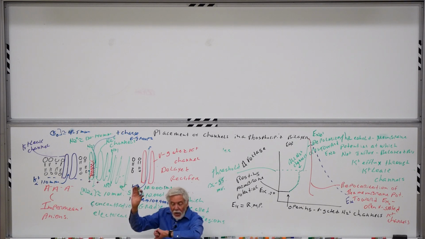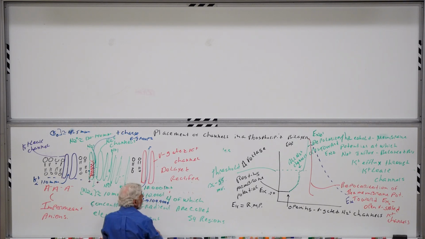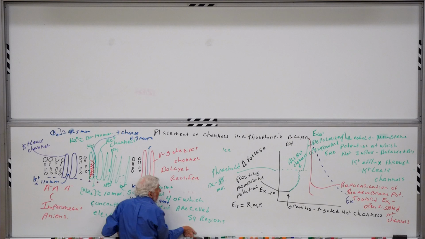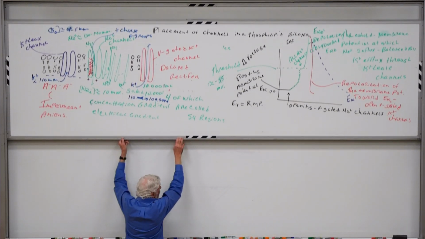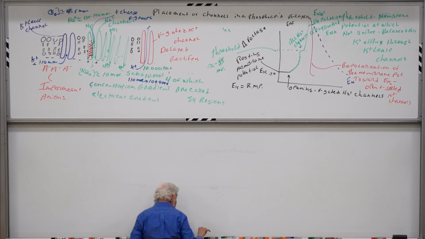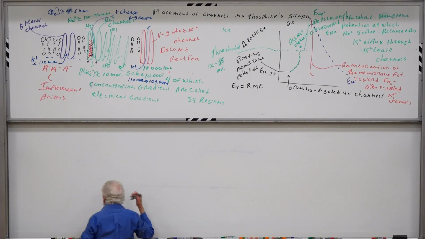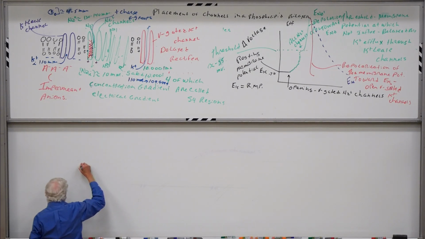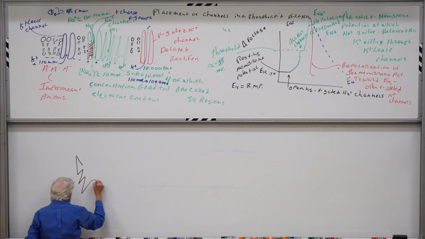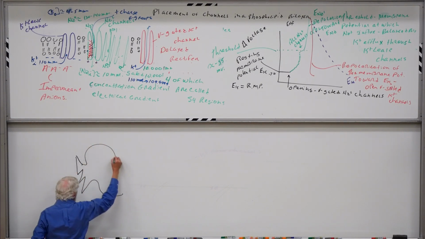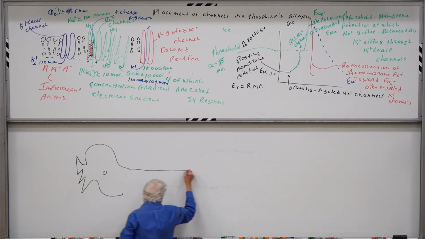Okay, so let me finish with one drawing so that we're in the same position as the other section. So this is our pineapple neuron. This is our cell body. This is our axon.